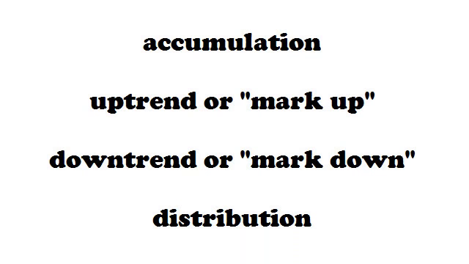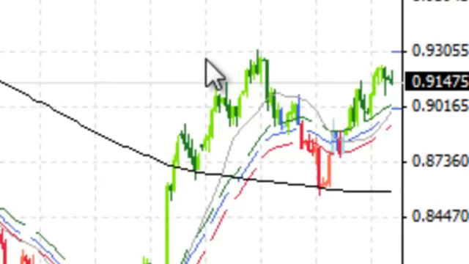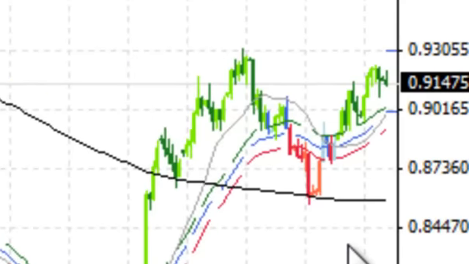And they can move in a much wider, more volatile fashion, which is known as distribution. Here on this chart of the dollar Swissy, you can see the movement lower, which we could refer to as markdown or a downtrend. You can see the movement higher, and then you can see the wide range where there is not a dominant trend, although there is organization of sentiment and momentum that's making a wide range.